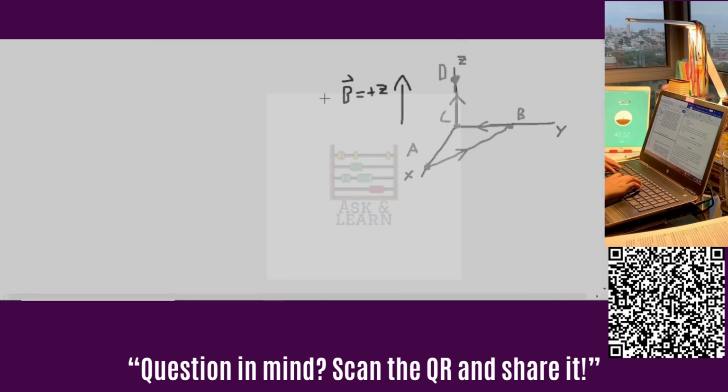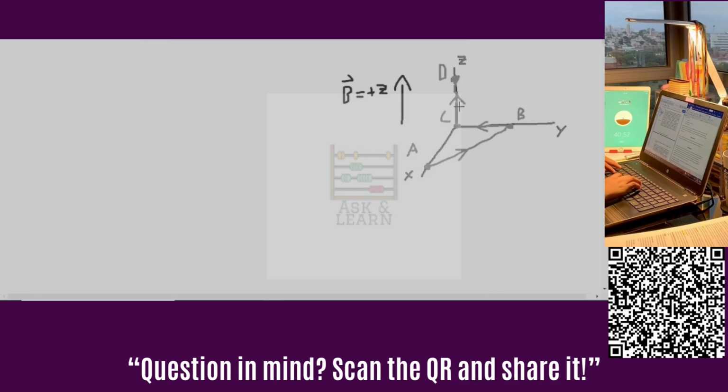Okay, this is an interesting problem we have here. So this is the setup that we're given. We have a wire that starts here, point A, goes to point B, goes to point C, and then goes up to point D. This is a three-dimensional grid. We're also given the magnetic field that points in the positive Z direction.